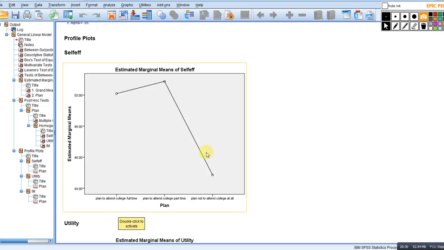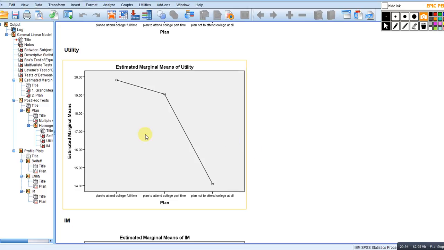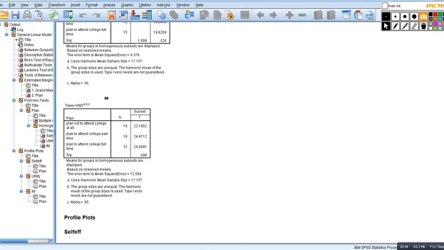Similarly, you had no real difference between these two groups here, but then the comparisons between each of these groups and the third group, plan not to attend, was also significant in the Tukey's. So you can see the general trends in the profile plots.